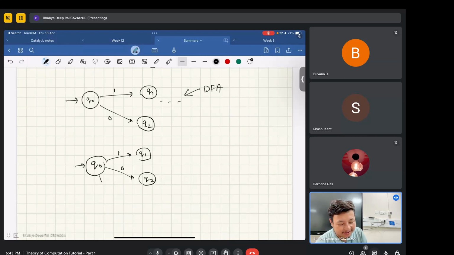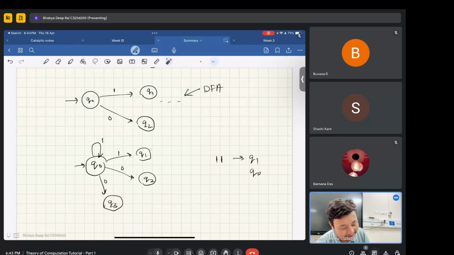For example, on seeing a 0, it can move to Q3 also. On seeing a 1, it can move to itself. So on seeing 1 1, it can either move to Q1 or choose to remain at Q0. It will see a 1, then see a 1, then go to Q1. Else it can choose 1 and again choose a 1. On seeing a 0, it will move to Q2 and Q3 at the same time.